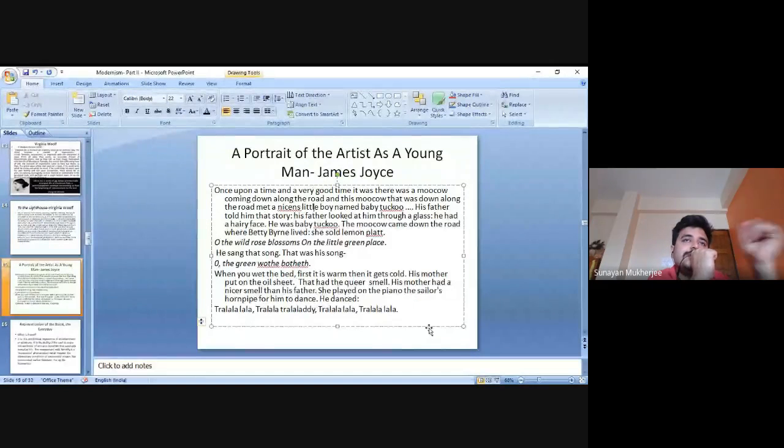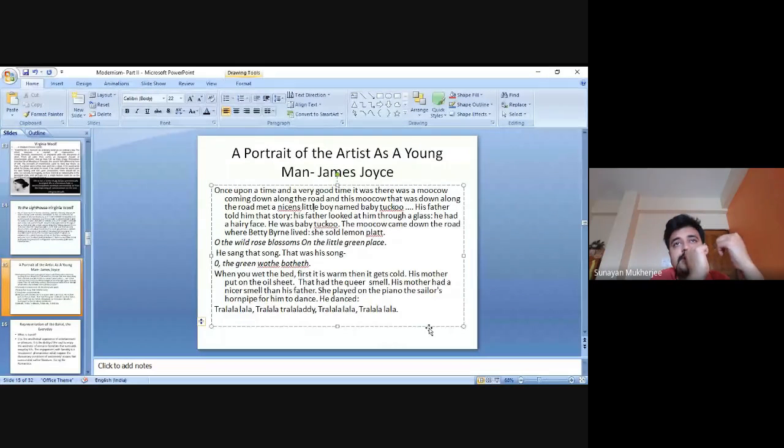This is what modernist fiction is all about. The incorporation of the child's discourse, the child's way of speaking, the child's way of looking at the world, the child's way of appreciating the world, the child's way of thinking about the world. This is what the difference is.